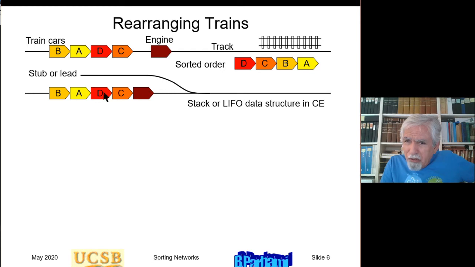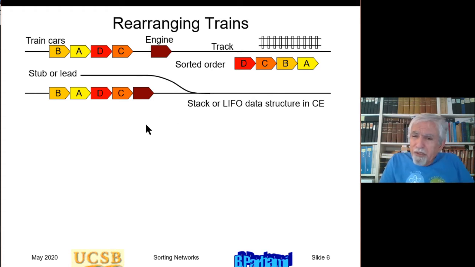Then the engine goes back, connects itself to A and B, brings them forward, again past this interchange, and then moves them into the stub. So in the stub, I have now D, C, B, A. So the train is ordered. So the engine just reconnects A and B to C and D and just pulls the entire train out, which is now in sorted order.